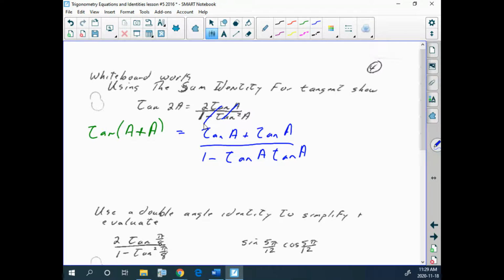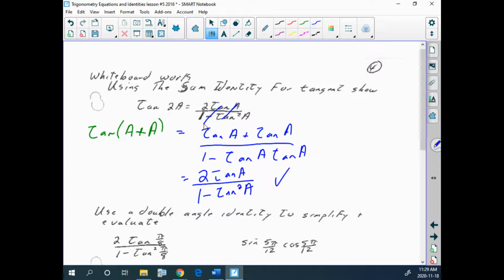I have tan a plus tan a is 2 tangent a over 1 minus tangent squared a. Again, what we were trying to prove. So there's the tangent identity for a double angle.